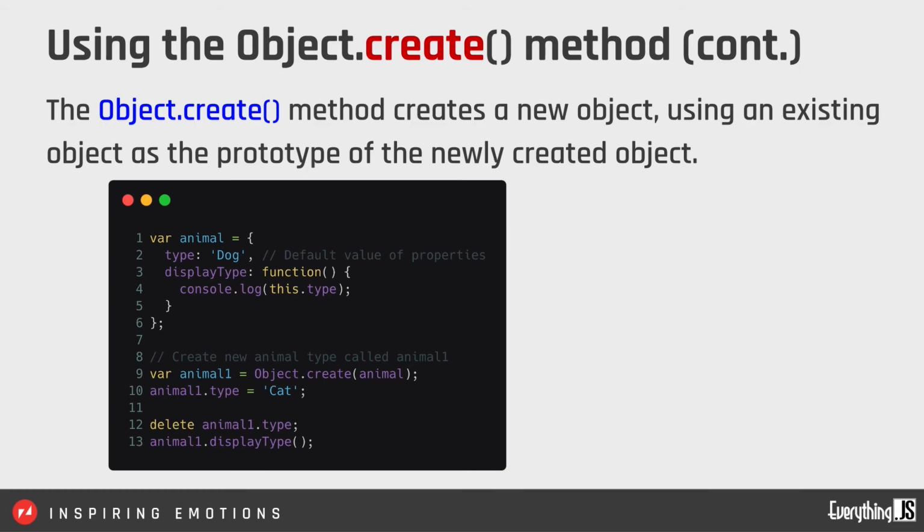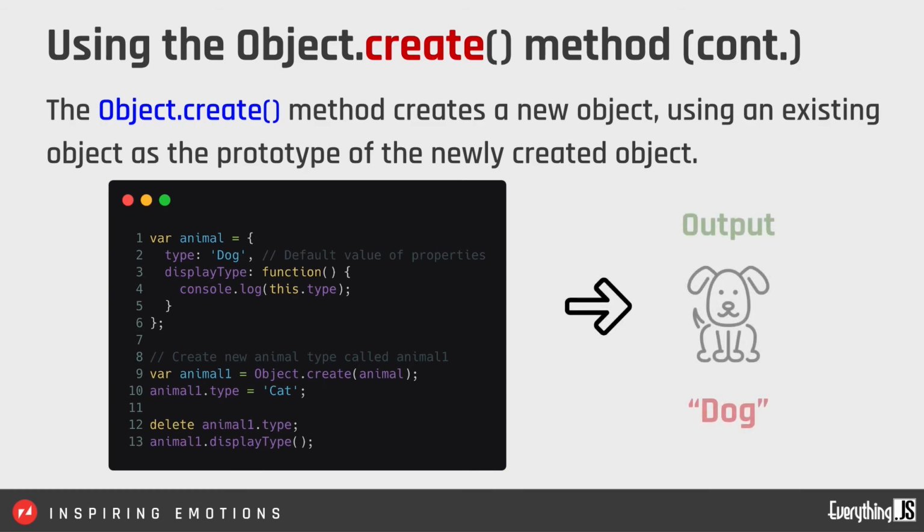Yeah, you are correct. So what happens is when you delete the type property over here, it refers back to the parent object's type property. This is kind of like an inheritance hierarchy. We call it the prototype chain. You have a child object, and the child object is referring to a parent object.